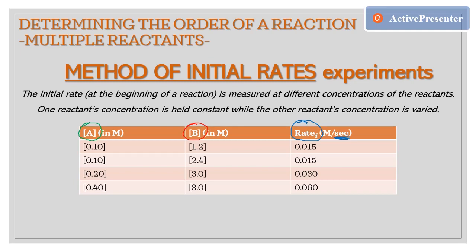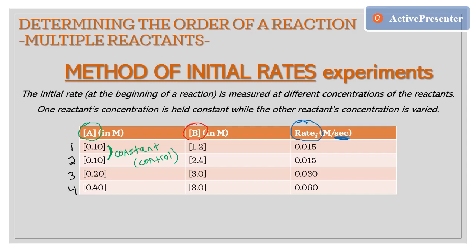We have experiment 1, experiment 2, experiment 3, and experiment 4. In these first two experiments, we did not change the concentration of A. We left those as a constant, or we could also call them the control group.